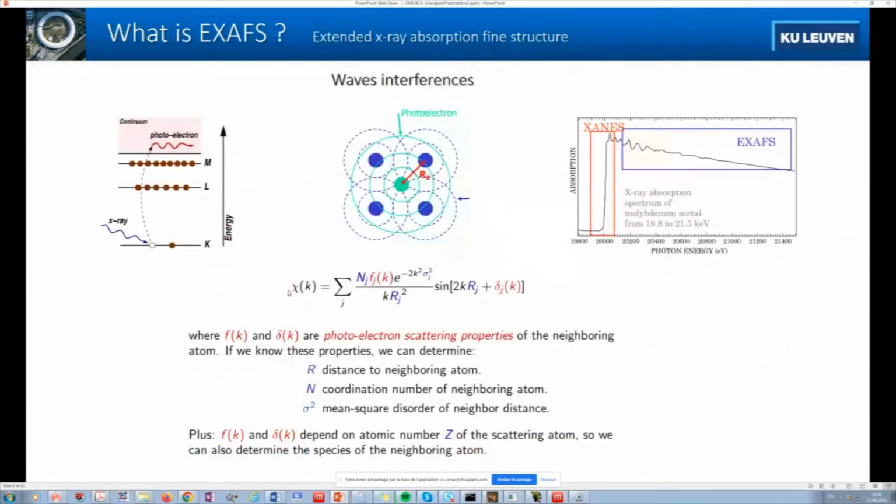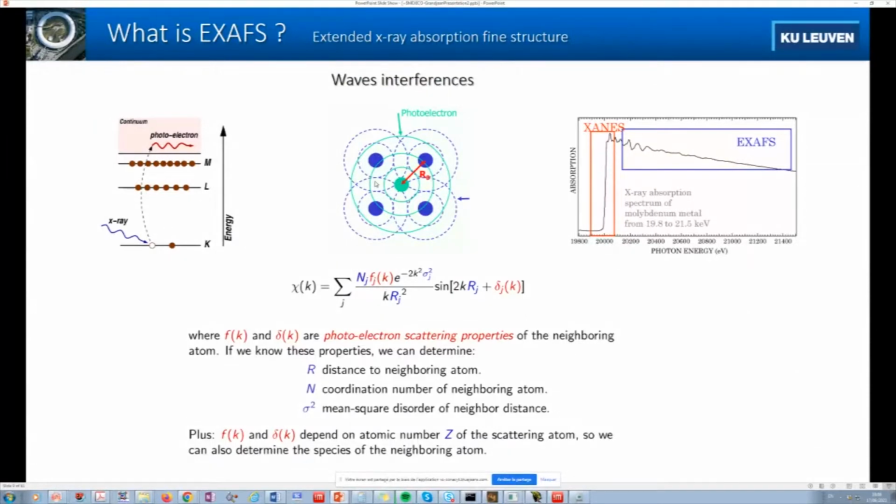So now, after the XANES, you have the EXAFS. EXAFS is a bit different because now you're outside the bound states, you are in the continuum. And so now you will start to have some interference. You have a wave that is going to travel into your material and meet the other neighbors. The other neighbors will also emit.